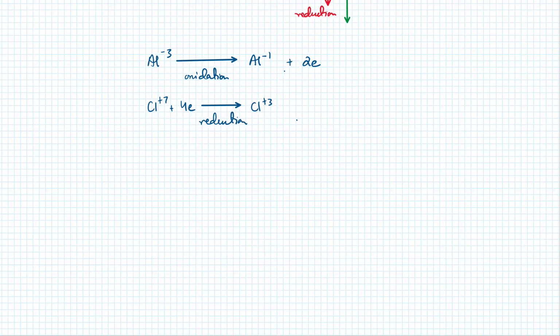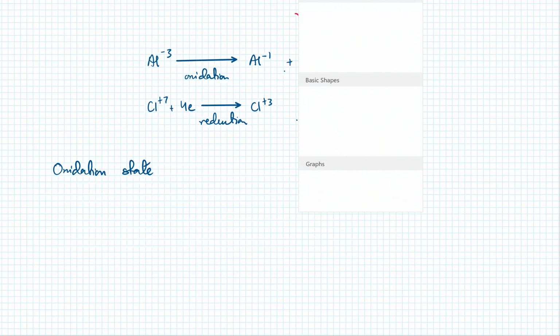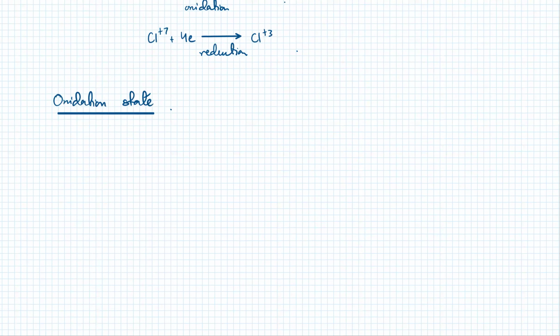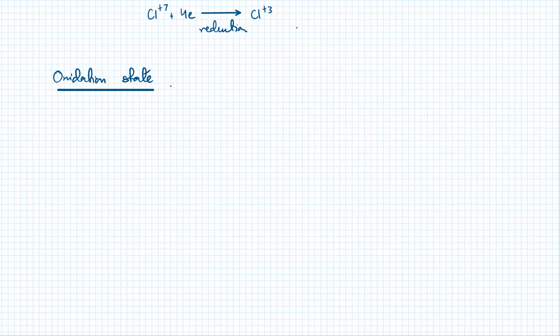So what do we mean by an oxidation state? The oxidation state is the charge on an element in a compound, or just a charge on an element. But in a compound they get a charge.